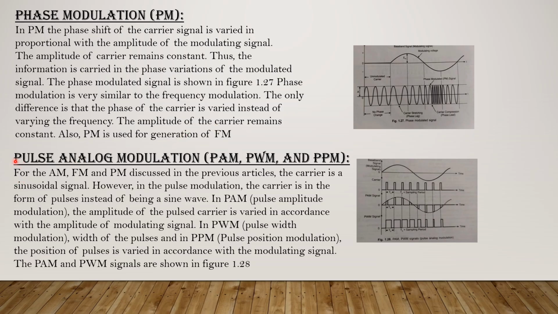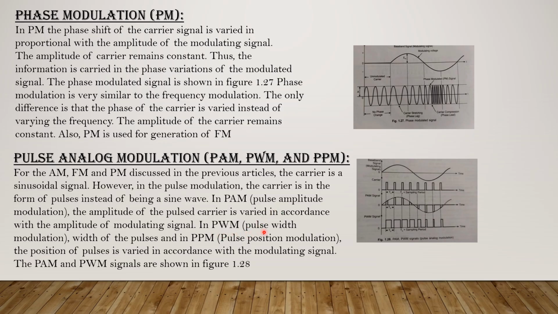Now we are moving towards the topic of pulse analog modulation, the short forms PAM, PWM and PPM. For the AM, FM and PM discussed previously, the carrier is a sinusoidal signal. However, in pulse modulation, the carrier is in the form of pulses instead of a sine wave. In PAM, pulse amplitude modulation, the amplitude of the pulse carrier is varied in accordance with the amplitude of the modulating signal.